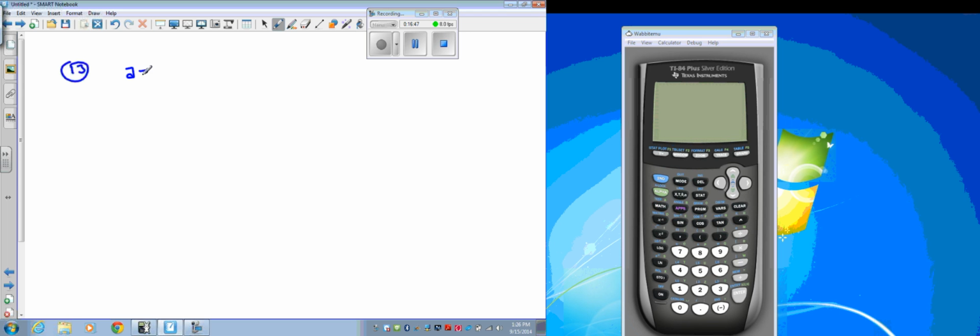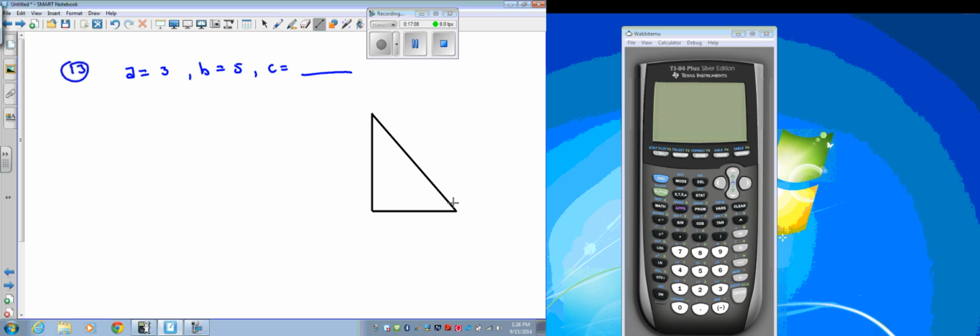A is 3, B is 5. So what we have to do is calculate what C is, right? To put it in proportion, this one is longer than this one.